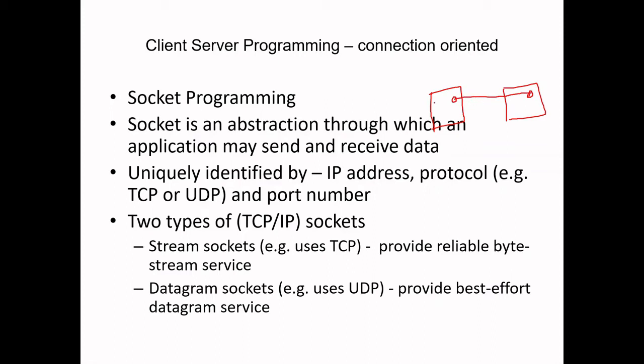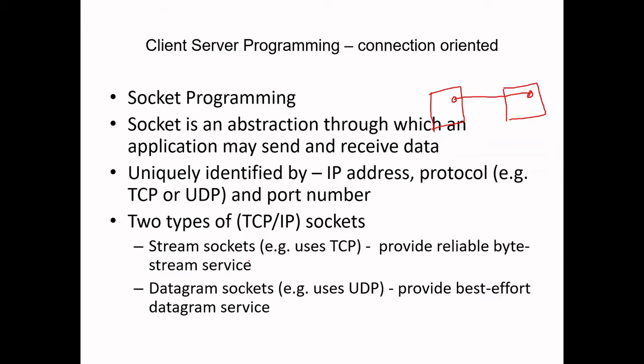Once this connection is established, again through system calls, you can send and receive data as a byte stream. Just like you use read and write system calls to read values from a file or write values to a file, similarly you can read and write on the socket.